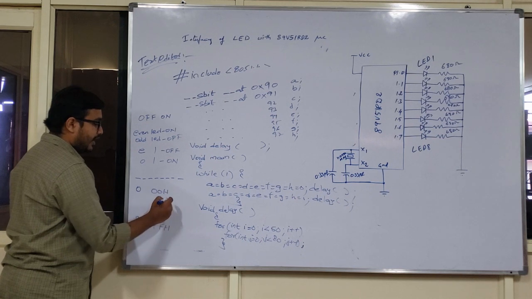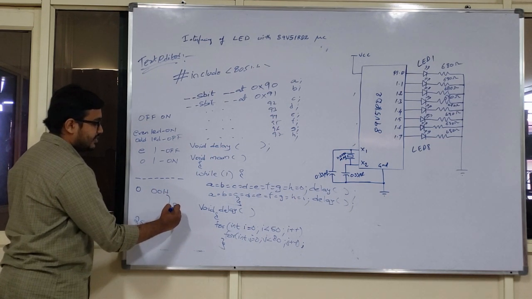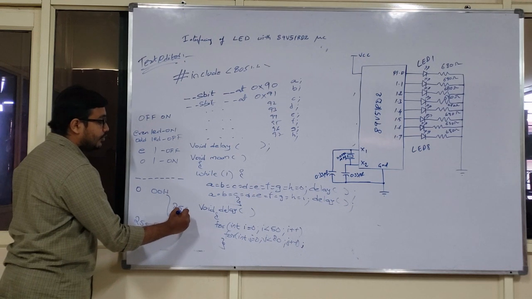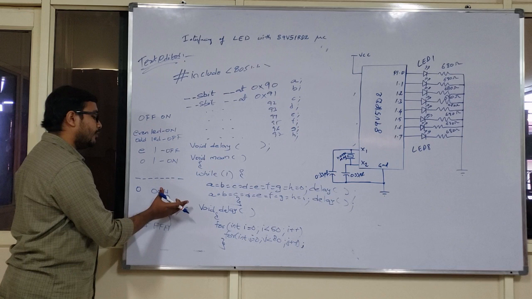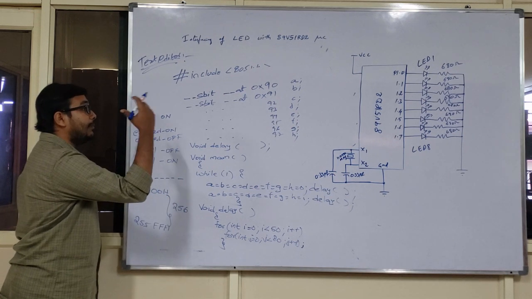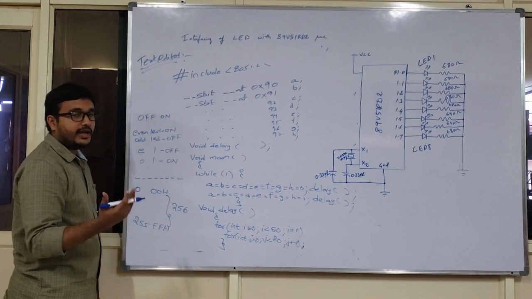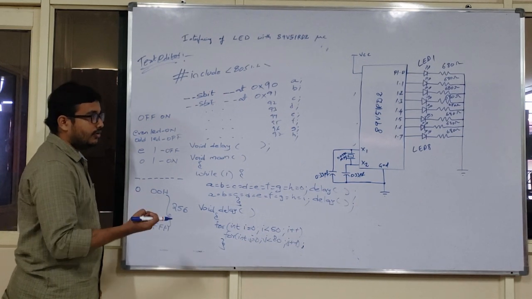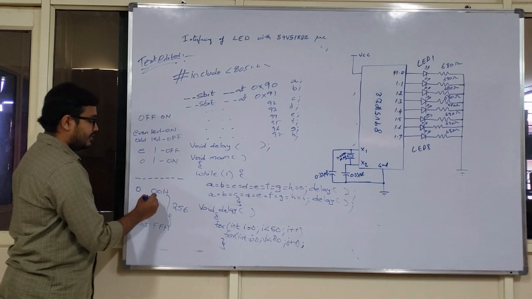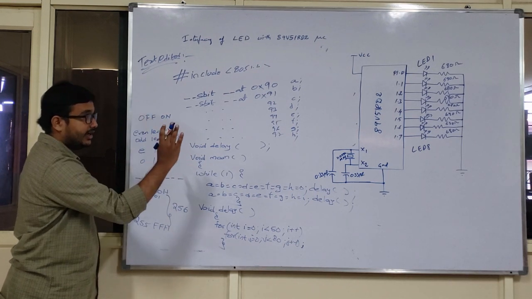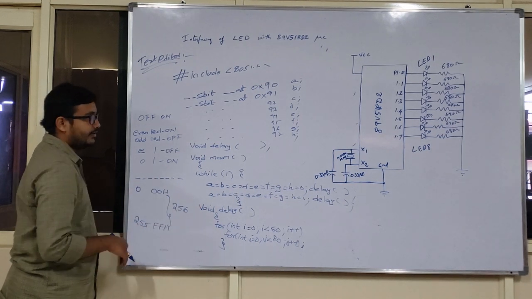Including 00H as well as FFH, I have a total of 256 different combinations. That means 256 different patterns of LEDs I can make blink, or make the LEDs glow. Like for 00H, all your LEDs will be 0, and for 01H only the lowest LED will be on. 256 times I can develop the scenario.